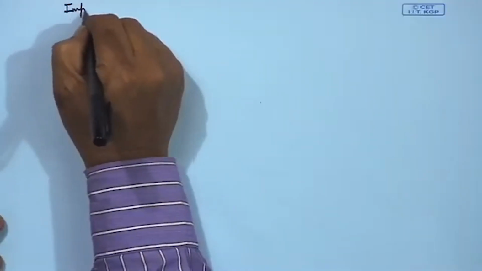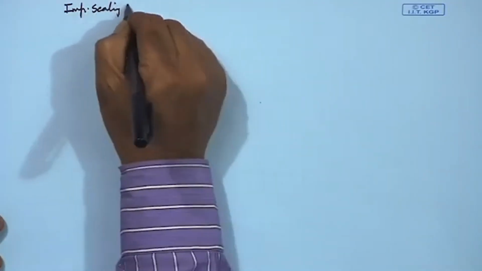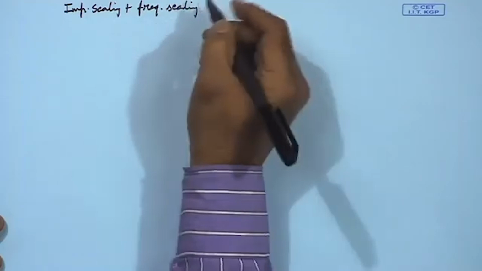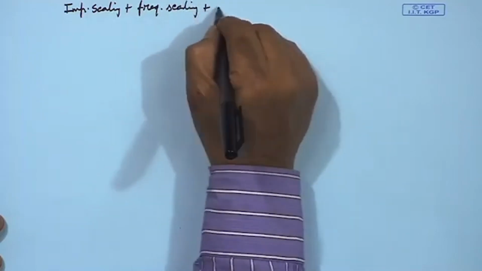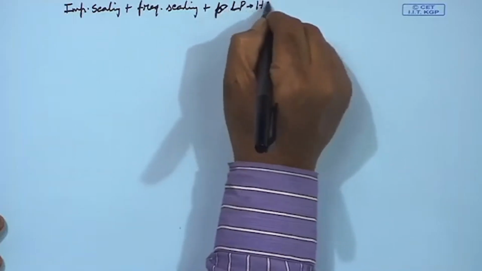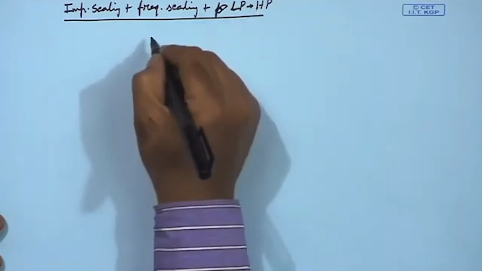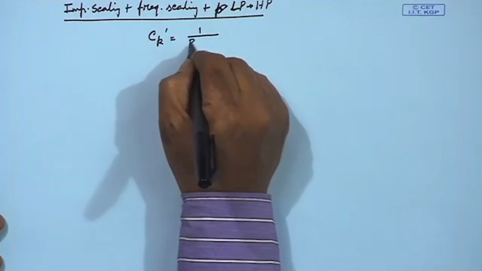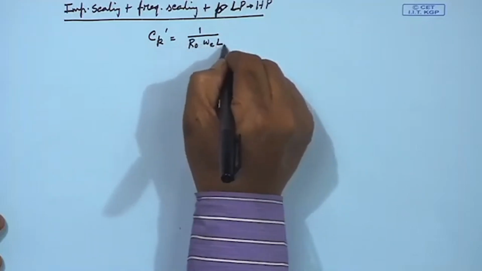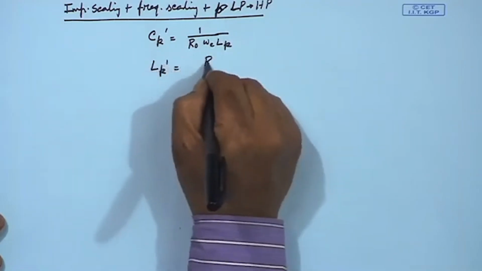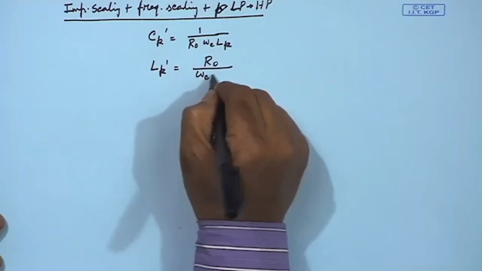So, impedance scaling plus frequency scaling, from 1 to omega c, plus low pass to high pass, all put together, then my new Ck dash value is nothing but 1 by R naught omega c Lk, and the Lk dash value is R naught by omega c Ck.